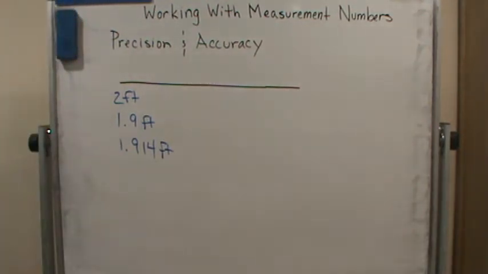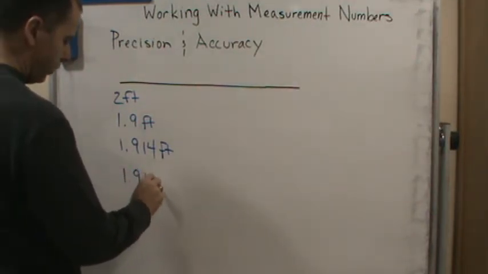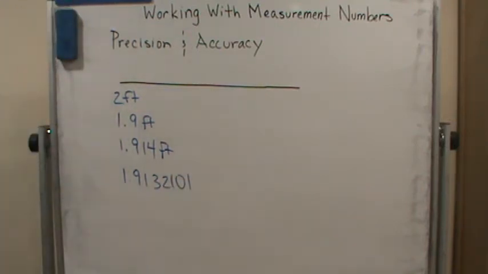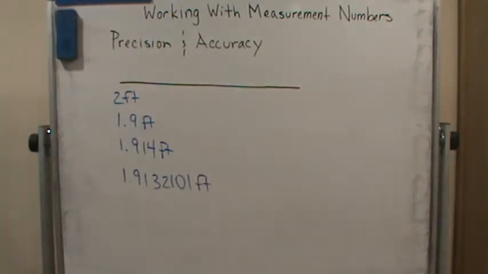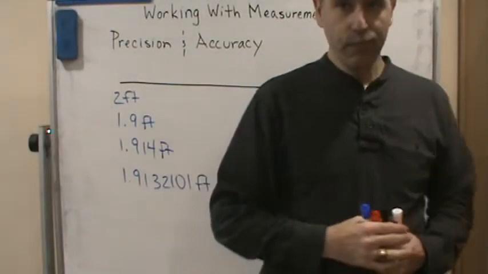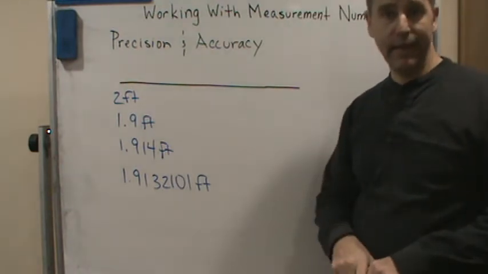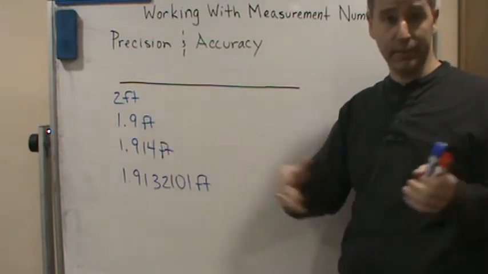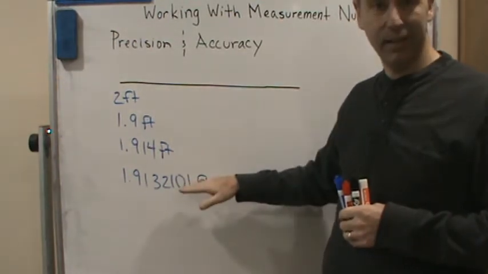Okay. And let's say I use a laser measure, and I get 1.9132101 feet. So my point is, as I'm measuring this line with instruments that are able to measure out to more and more decimal places, the measurement is becoming more precise.